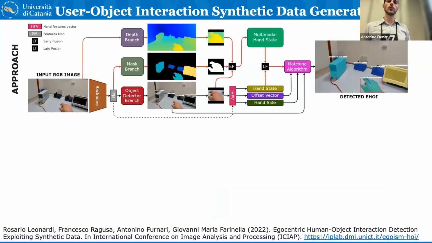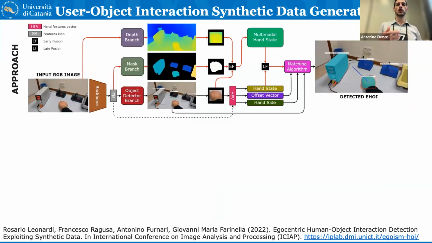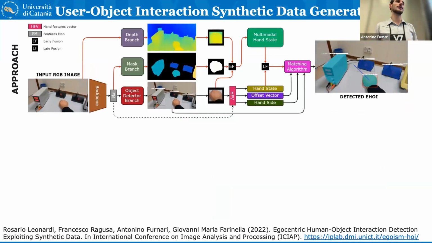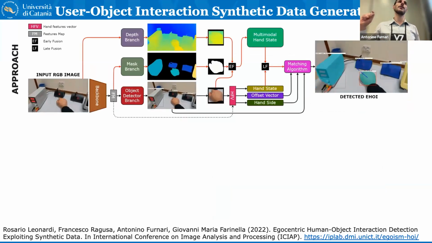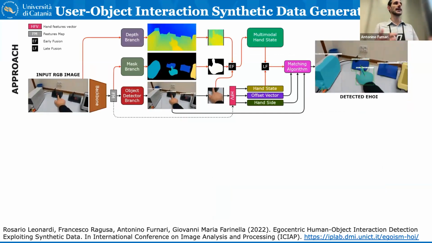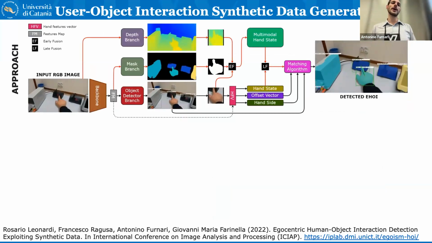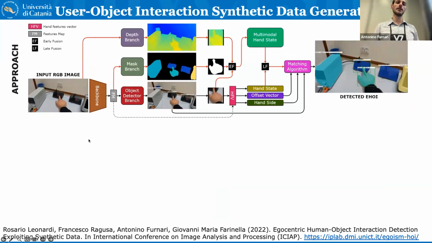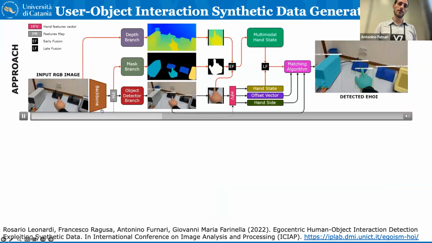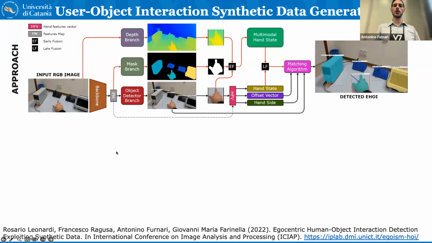We came up with an architecture which is based on previous work, but which also adds some multimodal processing, because now we have all this multimodal information at training time. You won't have it at test time, but you can still use it for regularization. So we have an input image, then we extract some features with a backbone, and then we have an object detector branch which recognizes all the objects.